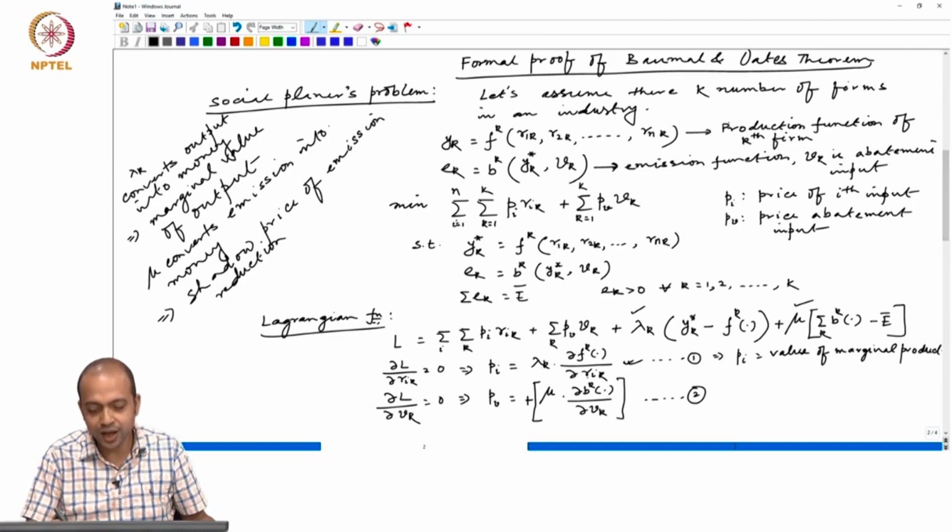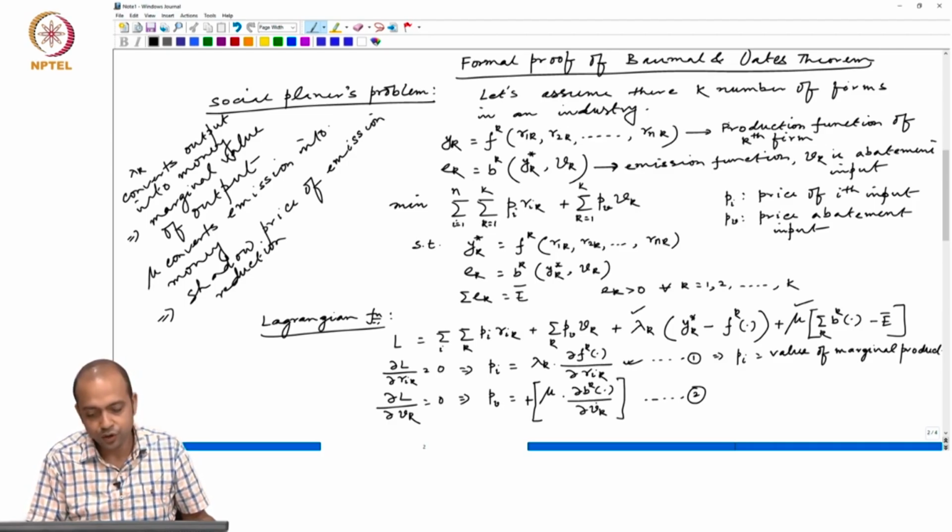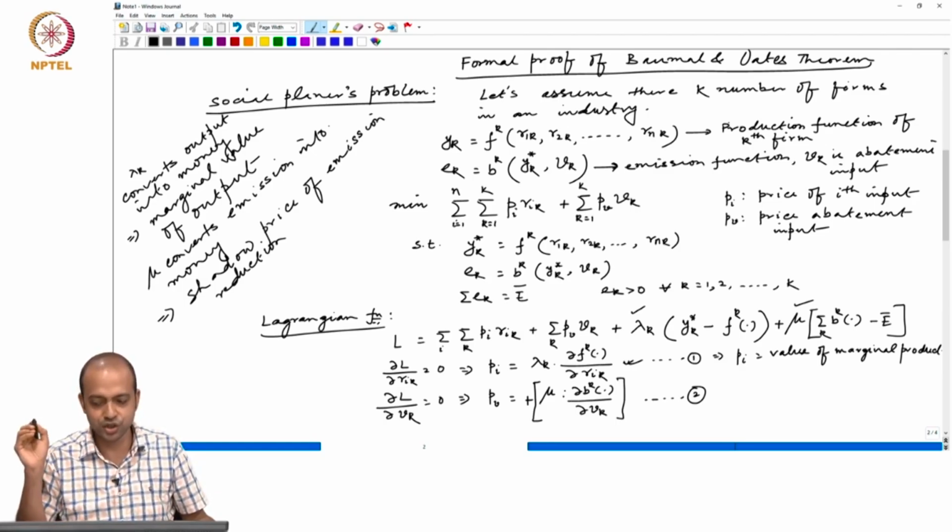Del Fk del Rk is nothing but the change in output with respect to one unit change in the ith input. If I multiply with lambda, that becomes the value of marginal product, right. Now, here also we are getting PV equals del Bk into mu. That is the change in emission multiplied by the price. Okay, that is also the value of emission reduction.